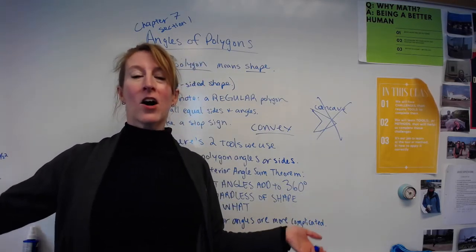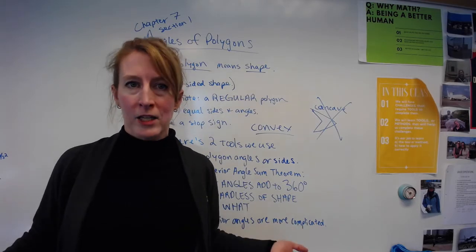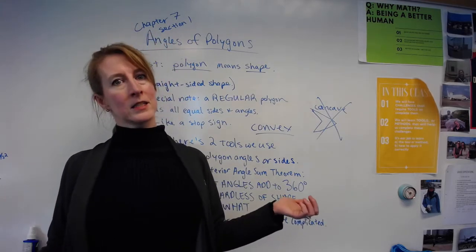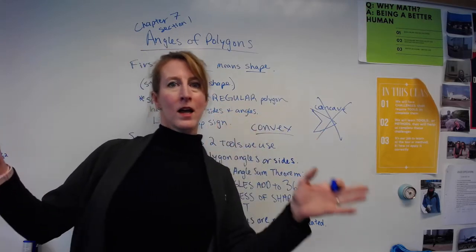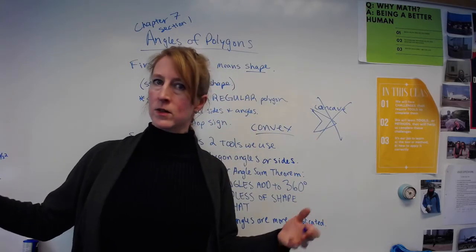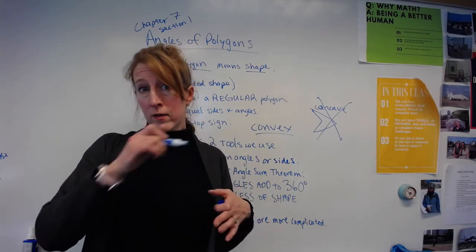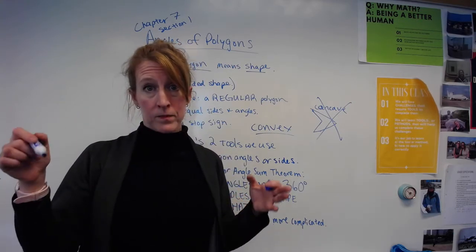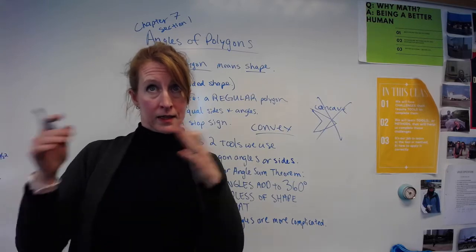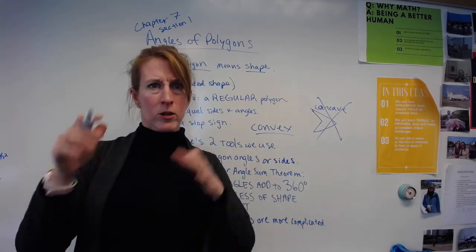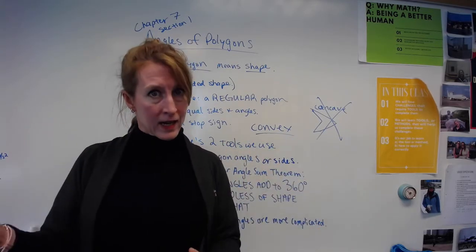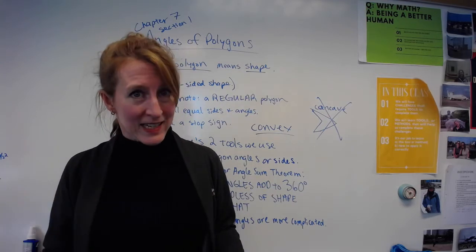All the exterior angles of a triangle add to 360. All the exterior angles of a square or a rectangle add to 360. You can easily think about that because squares and rectangles have 90-degree angles, because there's 90 on the exterior plus 90 on the interior. So all of the exterior angles of a rectangle are 90 times 4 is 360.